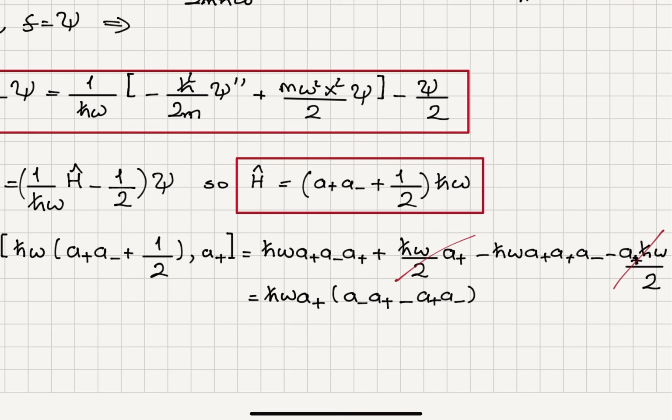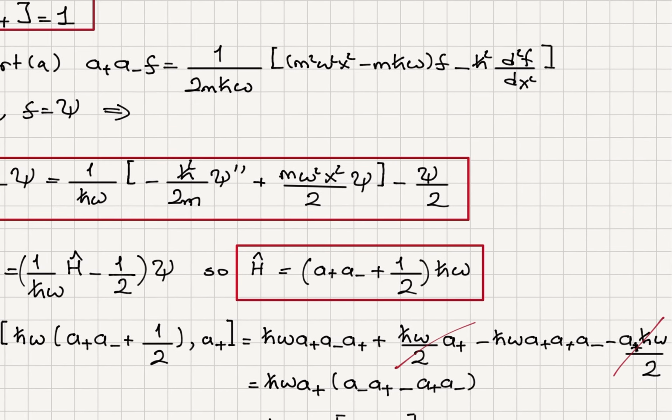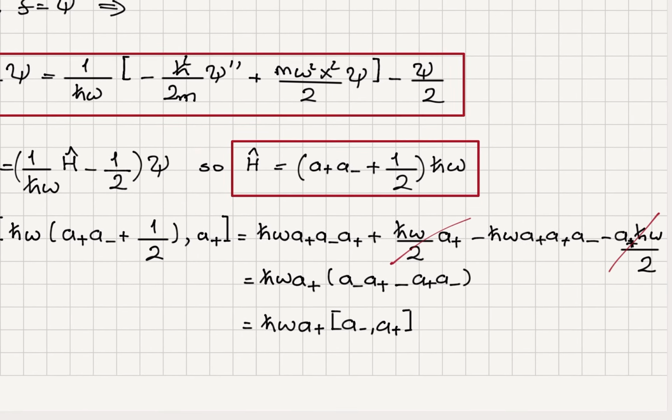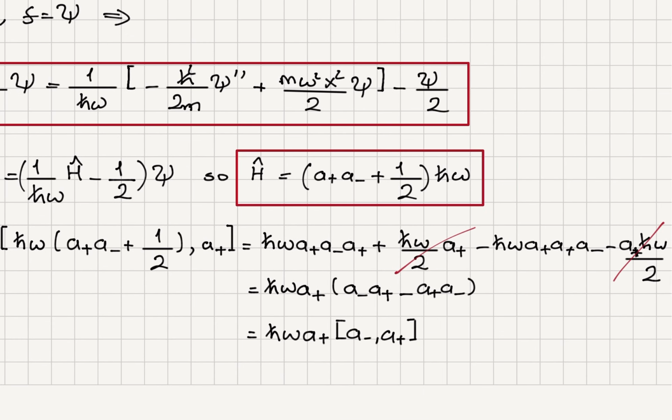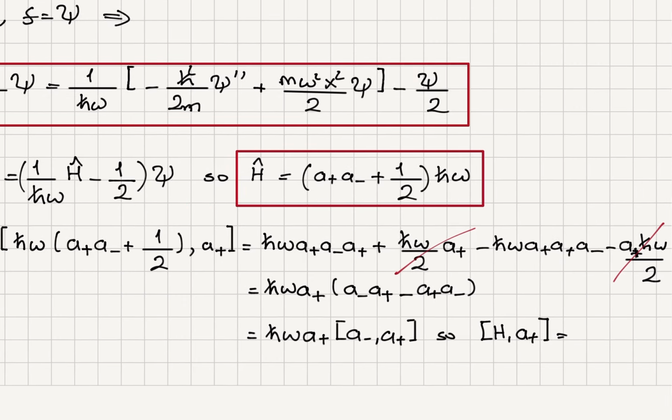And that is H bar omega A plus operator applied to the A minus A plus commutator. And we know that commutator is equal to 1 from part A. So that was our result in part A, and we can substitute that here. So we get the Hamiltonian operator A plus commutator is equal to H bar omega A plus.